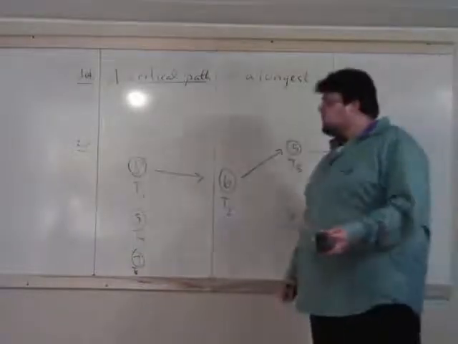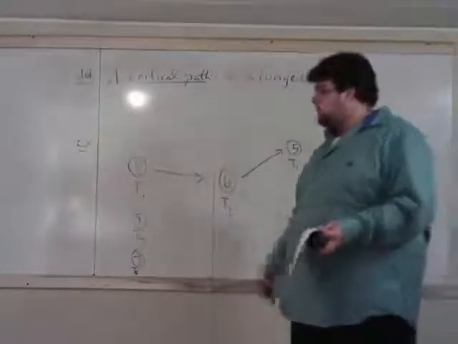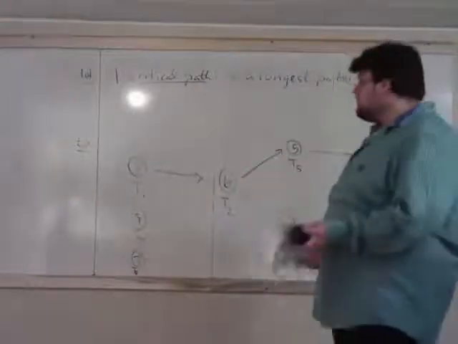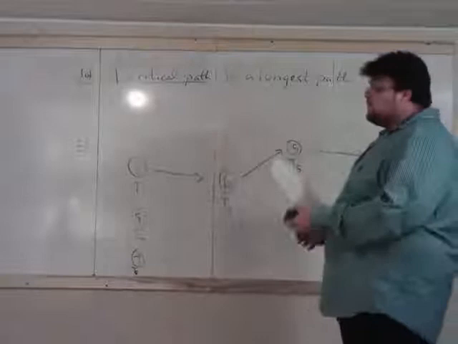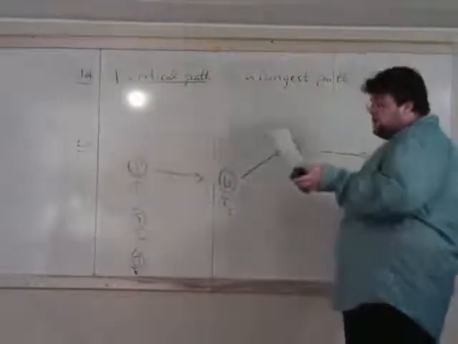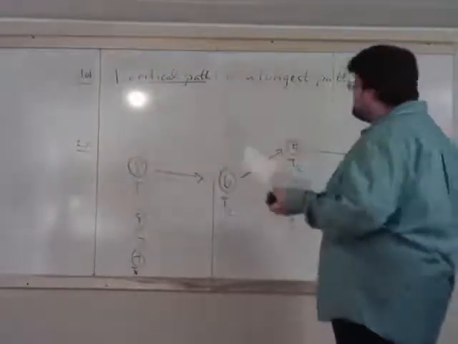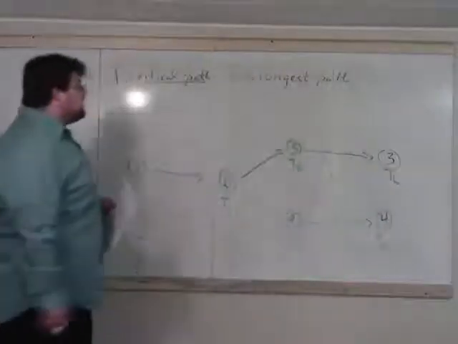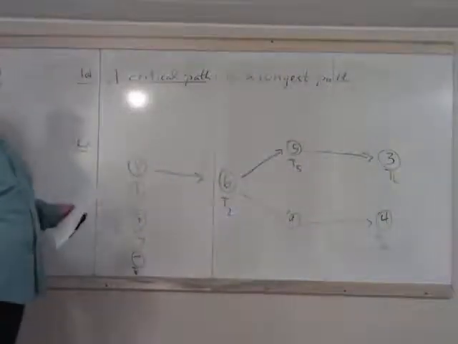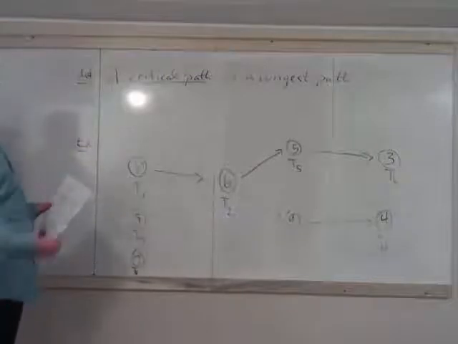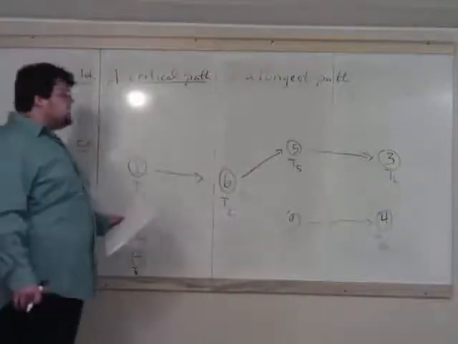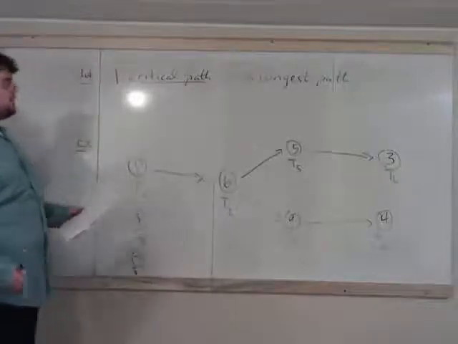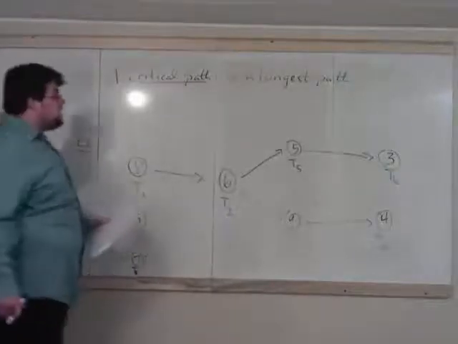What we're going to do is try to figure out how long this job must take, given the information we have. And the critical path will tell us that. It is a longest path. The length of the path will be given by the time it takes to complete all the tasks on that path. So a critical path in an order requirement graph is a longest path.